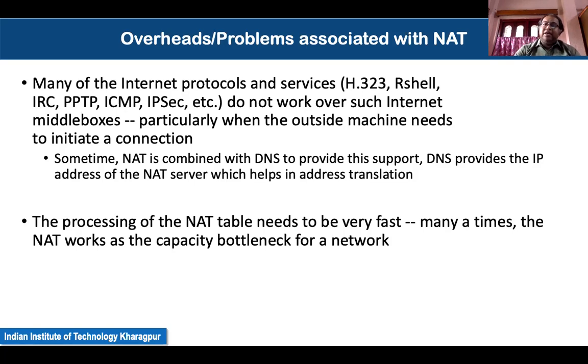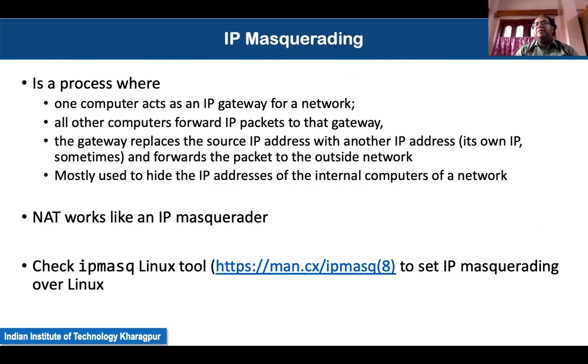That is why the NAT table needs to work very fast. Many times the NAT works as a capacity bottleneck for a network, because although your network has sufficient bandwidth, your NAT doesn't support very speedy processing of packets, and that becomes the performance bottleneck.